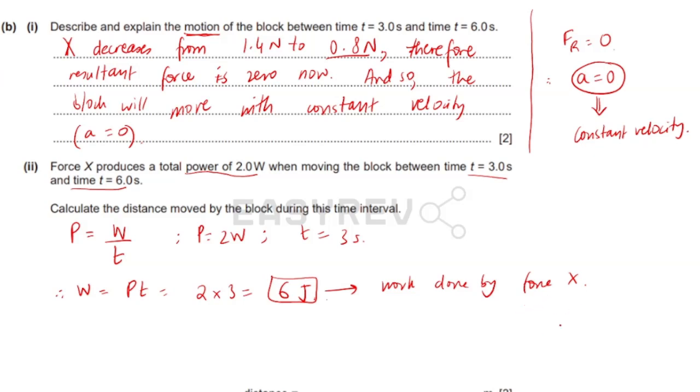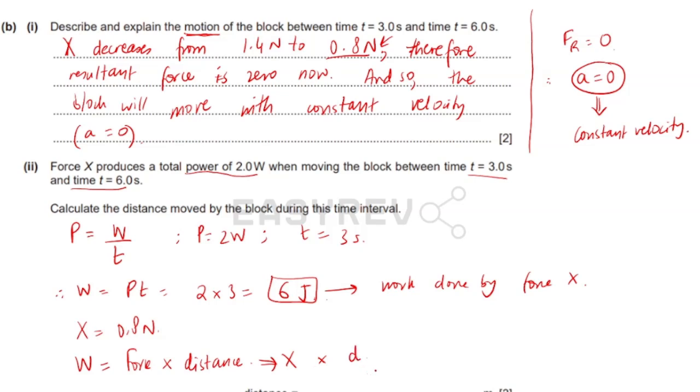Now, we already know how much force is being exerted starting from 3 to 6 seconds. We've already figured that out to be 0.8 newtons, right? And we also remember that a regular definition of work done was what? Work done is force exerted times the distance covered in the direction of the force, right? In which case the force we know is force X times the distance that we wish to know.